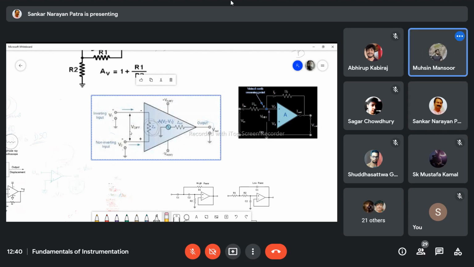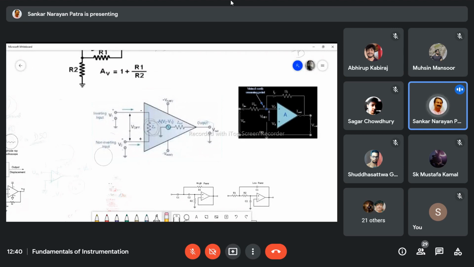So if that is reverse bias, then the value of the resistance in reverse bias is in the order of mega ohm. That means high input impedance. We are considering two terminals here, and all the terminals are actually connected to a high impedance resistance.